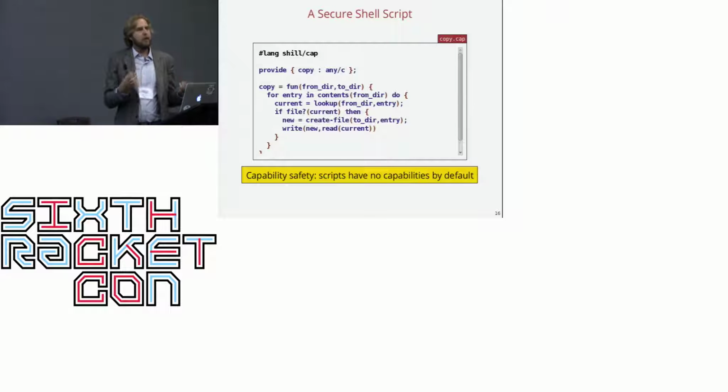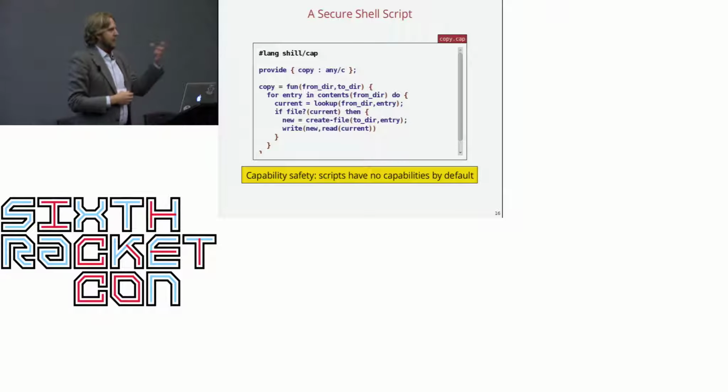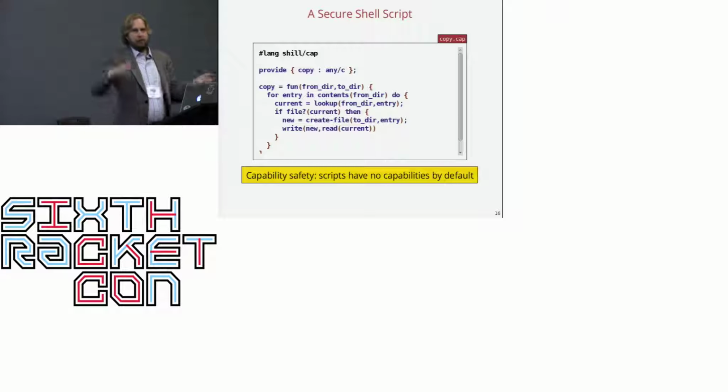That means when I invoke a Shill script, I can think about what it's going to do just in terms of what capabilities I pass in as arguments. So if I say copy files from this one directory to this other directory, I know very easily that there's absolutely no way it's going to modify some files in some completely unrelated directory or write them out to the network, because it just doesn't have the capabilities it would need to do that.